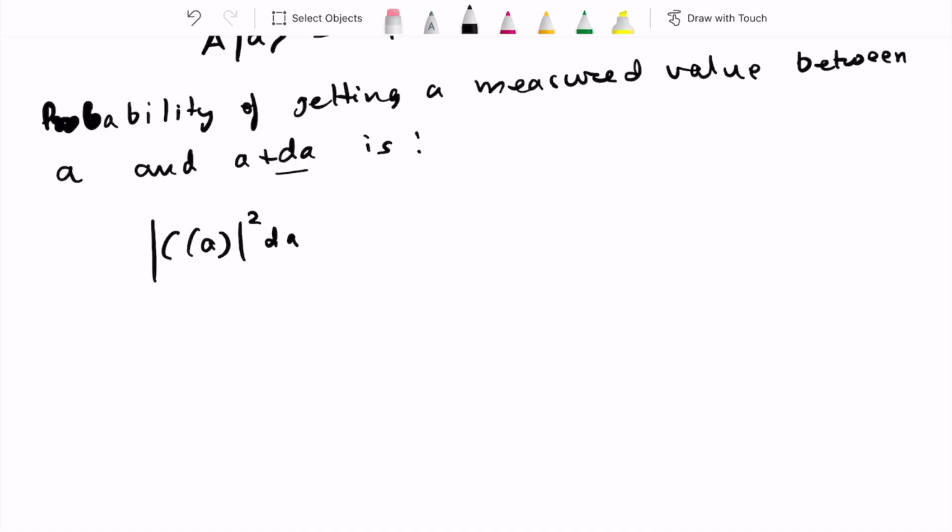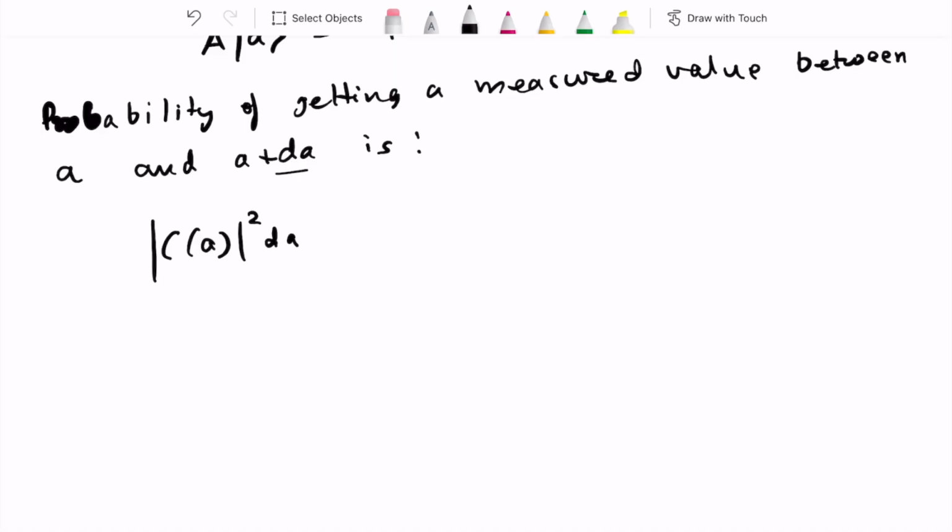So when you're measuring a continuous variable, you can at most measure it within a certain range, A to A plus dA. So the probability of getting a measured value that lies in the range A to A plus dA is given by |Ca|² dA. So |Ca|² is our probability density and dA is the range.